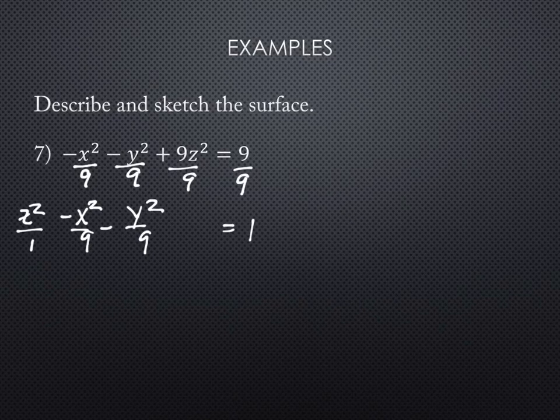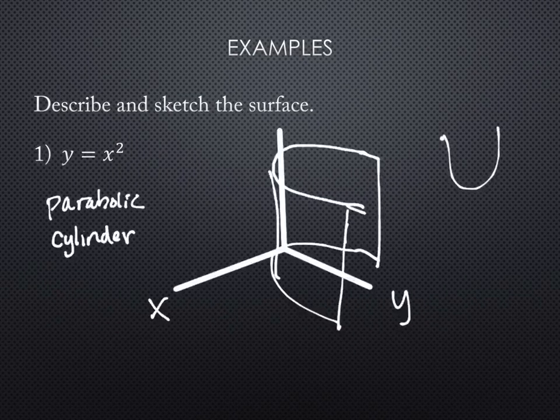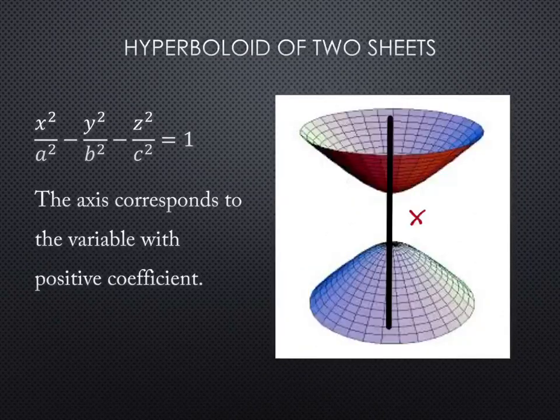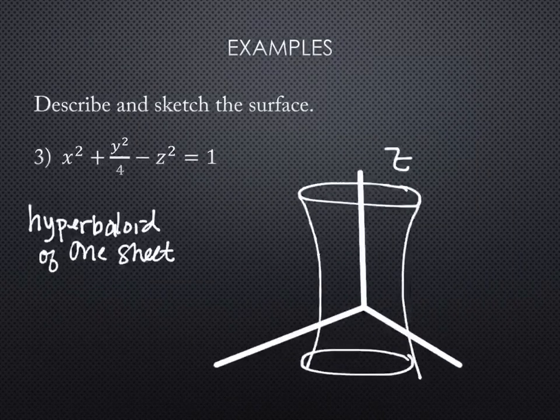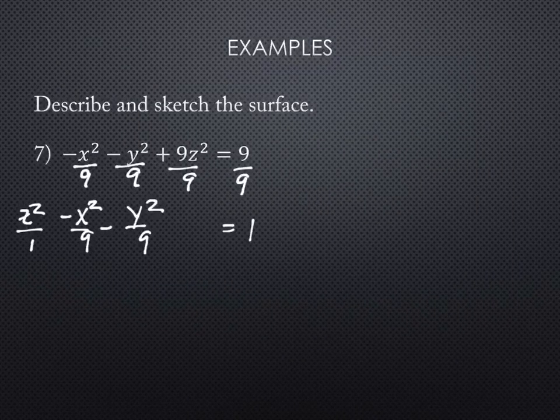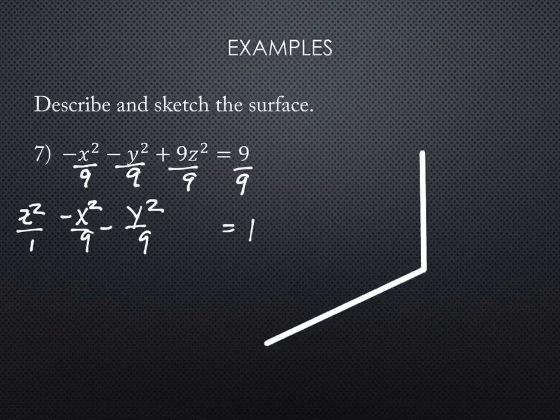All right, so take a look over here at the description. One more time. That's it. The axis corresponds to the variable with positive coefficient. So this graph, I labeled it as x because the x had the positive coefficient. What is it in ours? It is z. So as I'm drawing this, I will actually let the z be that vertical axis like we normally have it being. Okay?